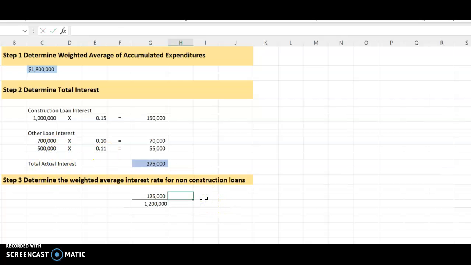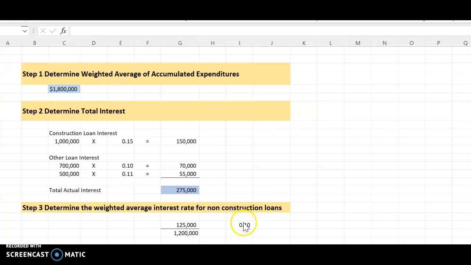Okay, so when you do that, I got 0.10, but we want it to be a percentage with 2 decimal places. So 10.42% would be the weighted average interest rate for our non-construction loans.